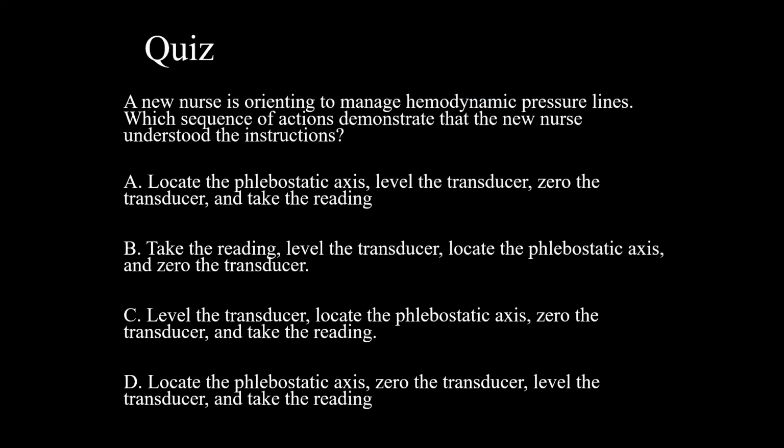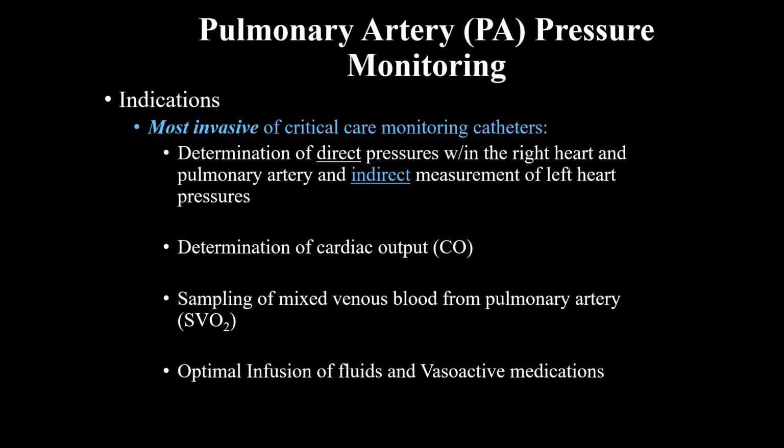You want to level before you zero the transducer. This comes after. Remember, we're locating the phlebostatic axis to level. Those two go together: phlebostatic axis, level the transducer. Then you zero. Then you take your reading. Does that help? Yep.